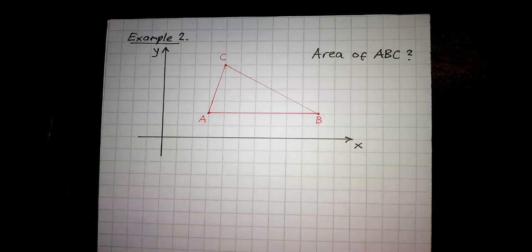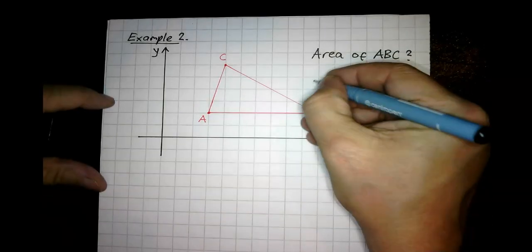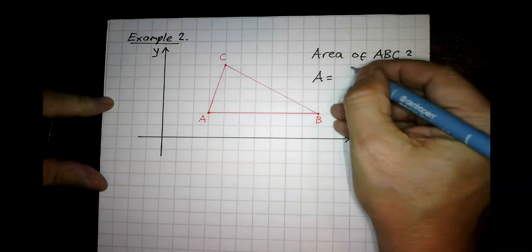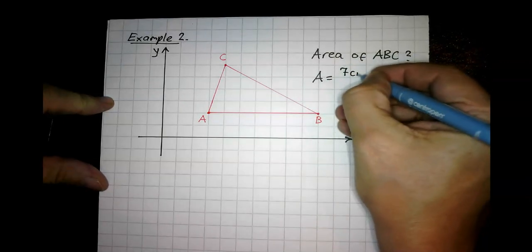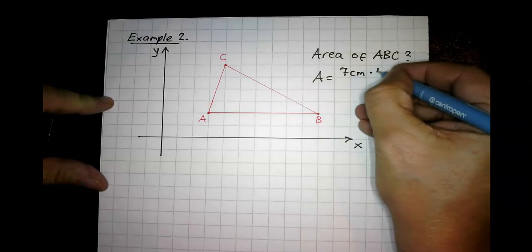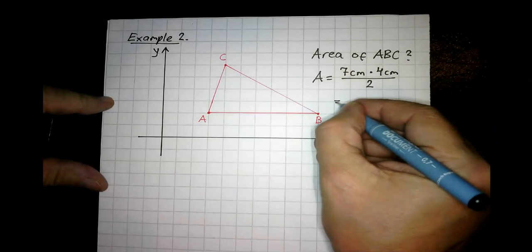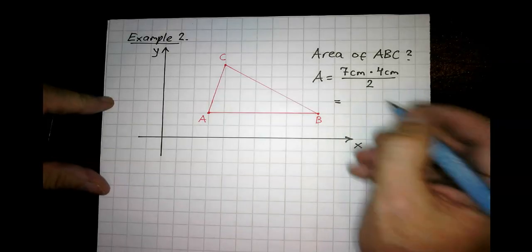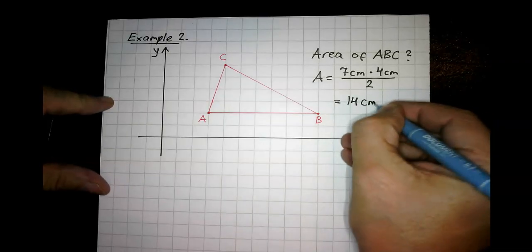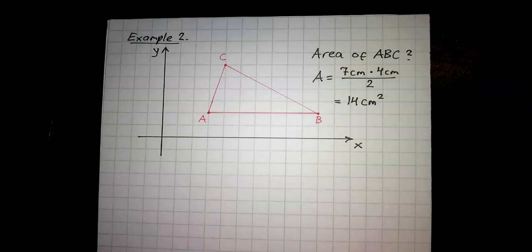So the area is easy to calculate by 7 centimeters times 4 centimeters divided by 2. That will be 14 square centimeters. But how do we get this with the vectors?